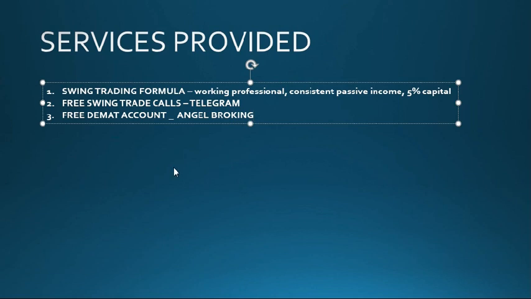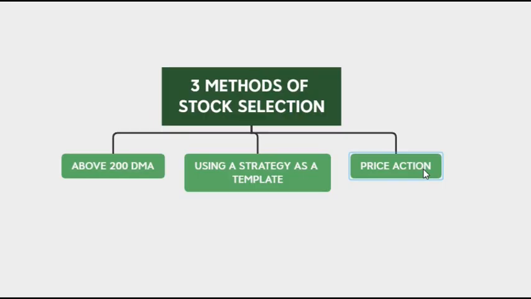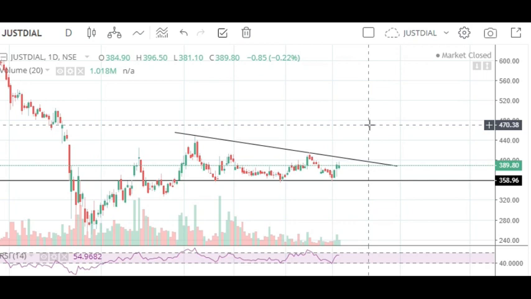Okay, so now we will move on to the third method we will be using to select stocks for swing trading, which is price action. Price action is a method of trading using trend lines and different chart patterns.